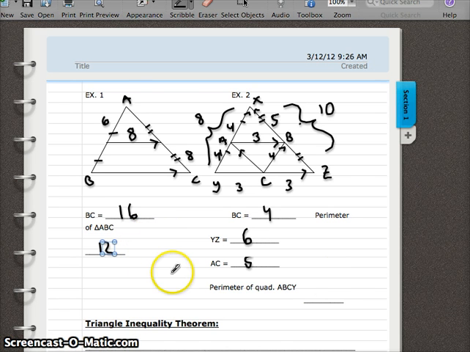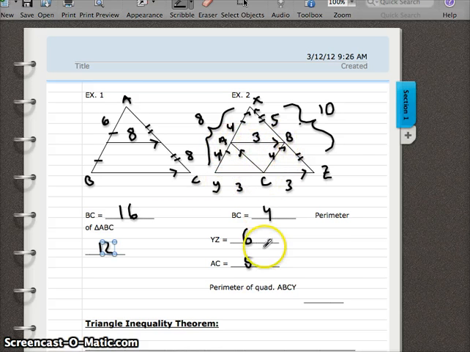Let's find the perimeter of another shape, quadrilateral ABCY. When you're asked to find the perimeter, you're given pretty much the outer edges. You're given the corner values right here with the letters. So ABCY, and if it's a full shape, we've got to connect Y to A. So this quadrilateral right here.